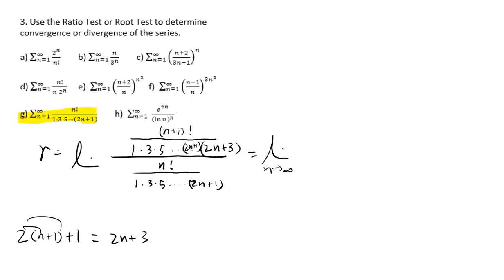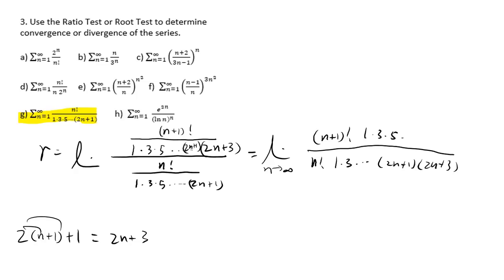Limit n going to infinity of the multiplication of the inside is the denominator, 2n plus 1 and then 2n plus 3. And on the top, it's n plus 1 factorial times 1 times 3 times 5 all the way to 2n plus 1. Okay, so as we have seen, these two will cancel each other. So 2n plus 3 will be left. Whereas this is 1 times 2 times until n plus 1.